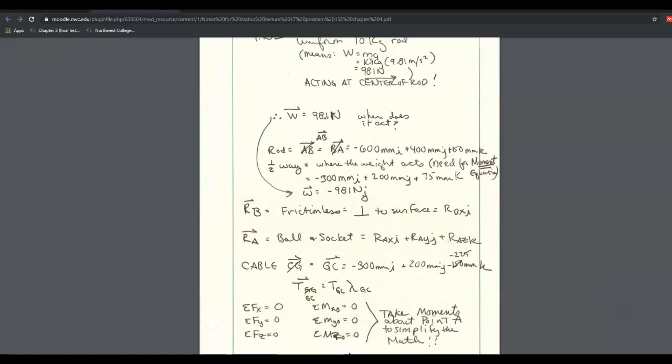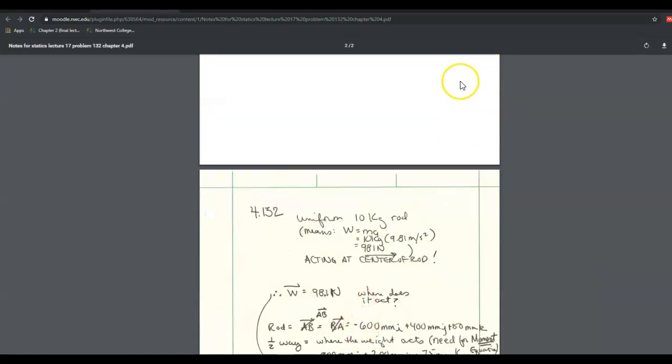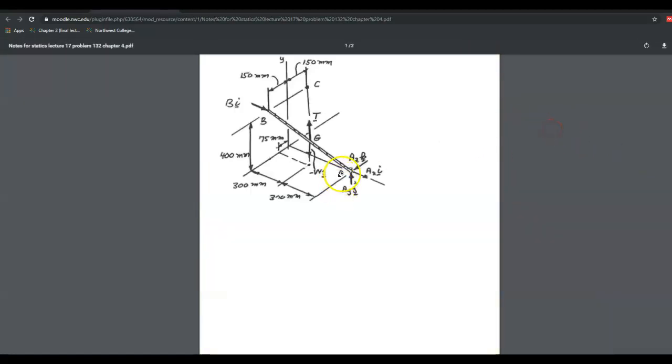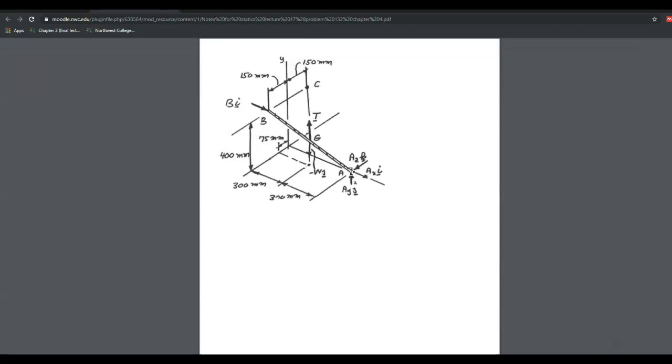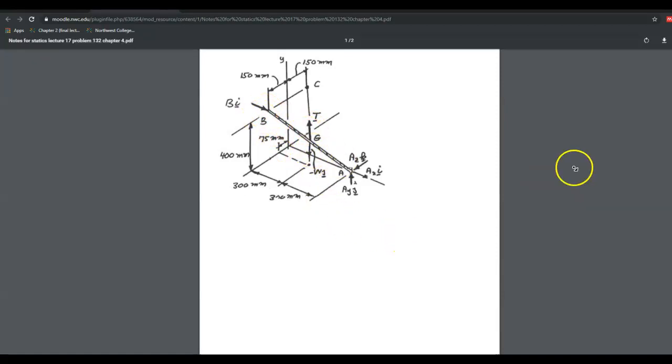Now, one of the reasons I chose this problem is because it pretty much forces you to do the moments, and if you take the moments about point A, what you'll see is that none of these reactions will come into the equation because there's no moment arm. So all you'll have is the tension and the weight and the reaction at B. So you have 3 equations and you have 3 unknowns with the moments.